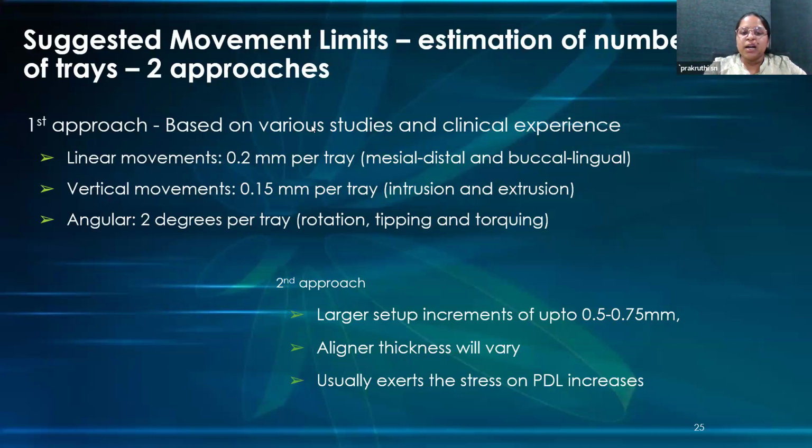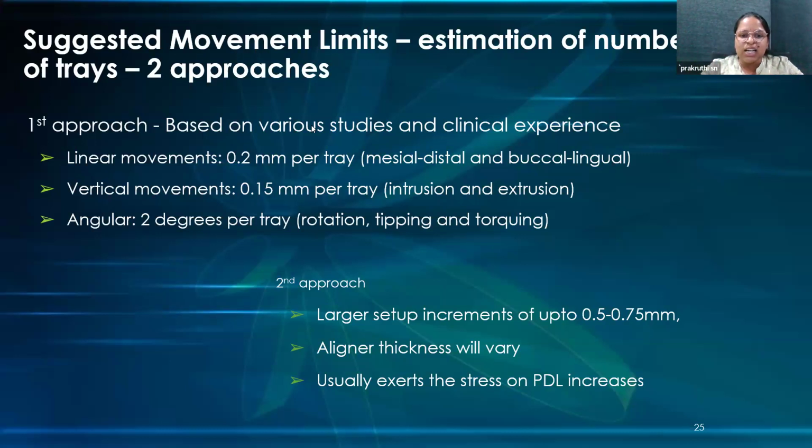Some of you are saying around 30 sets. To correct the rotation, if you're keeping 2 degrees, then 25 degrees needs to get corrected. Around 12 to 13 trays are required in order to correct the rotation. At the same time, 3 mm of space had to be closed.